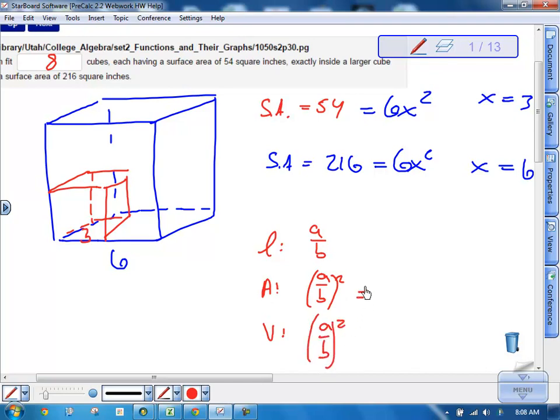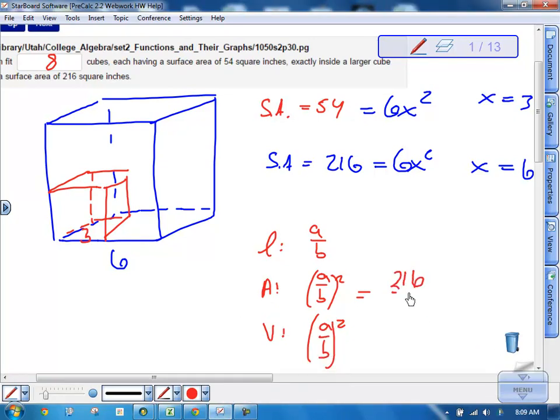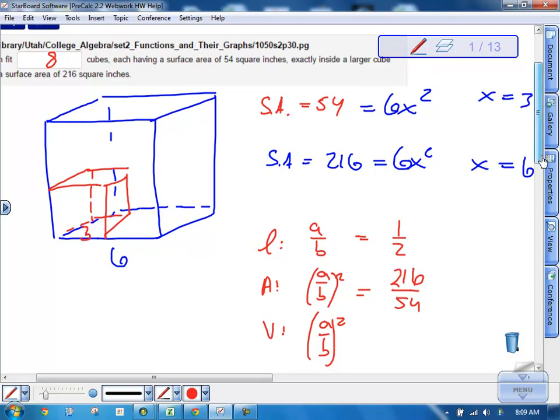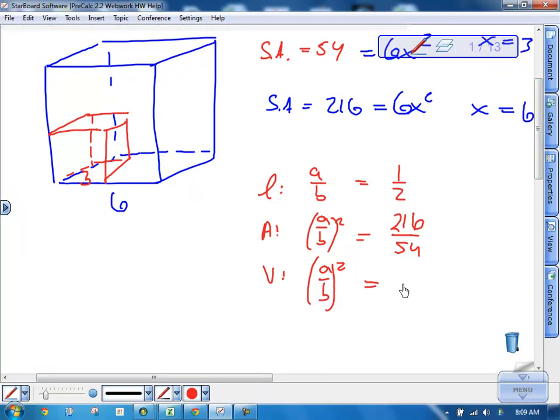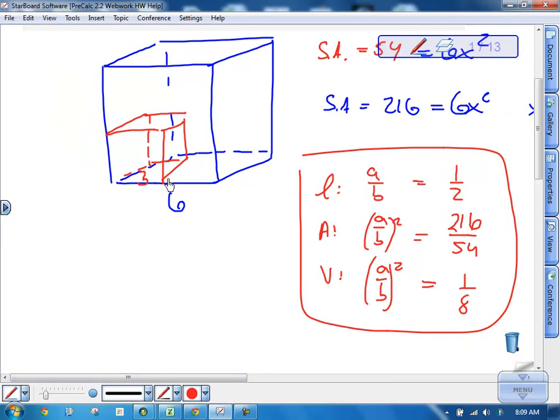So they gave us a ratio of surface area, which is 216 over 54. If you take the square root of this, then you get actually 1/2. So you can see the ratio of length here is 1 to 2, which we already knew, which makes the ratio of volume then this cube, which is 1 to 8. We're going to use this quite a bit because it's our relationship between length, area, and volume, and it's pretty easy to see from this.